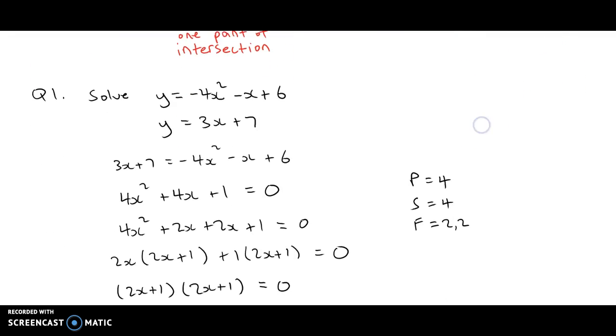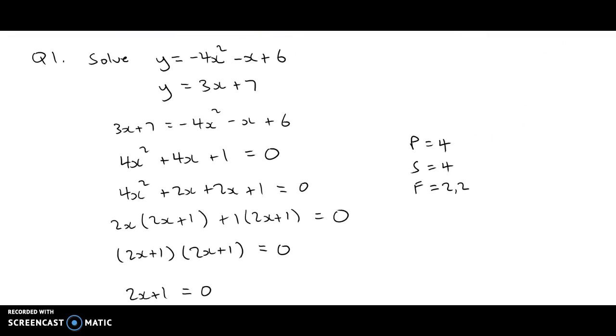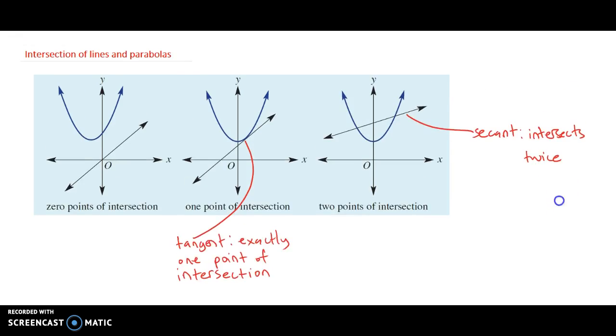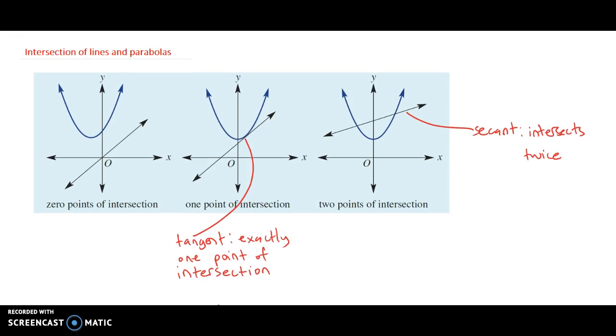Once we get to the stage of having substituted and rearranged into the form ax squared plus bx plus c equals 0, and we simply want to figure out the number of intersection points, we can use the discriminant. Now, remember, the discriminant is b squared minus 4ac.